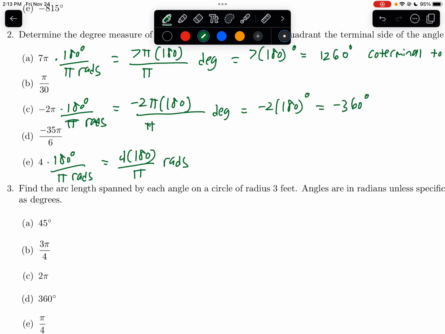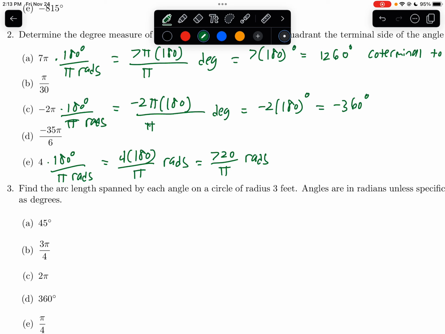So your answer here is just 4 times 180, which is 720 over pi. That would be your answer. And you can't really estimate where this is. You can't really find a coterminal angle because you have pi in the denominator.